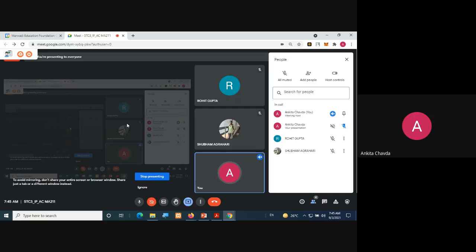You know that, right? In which spectrum can you see the lights? Do you know this, Rohit, Shubham? In which particular spectrum can you see the colors? That's what I'm asking.